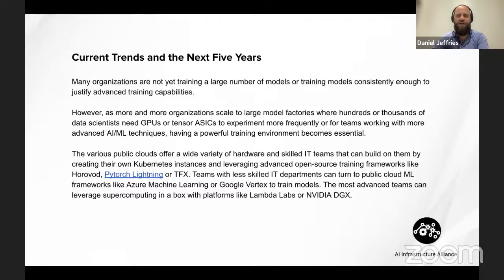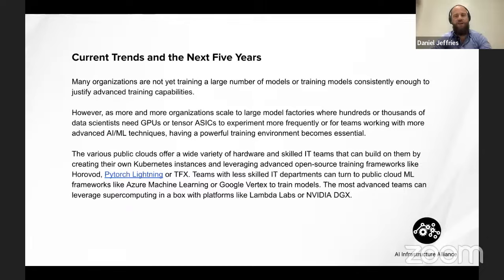But many companies are just dabbling in this, and it's difficult to justify advanced training capabilities. If you are dealing with LLMs, diffusion models, transformers, fine-tuning models or doing continual learning, that's where you start looking at organizations that need GPUs or tensor ASICs and more advanced techniques.